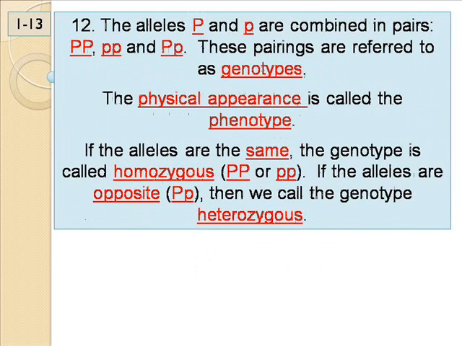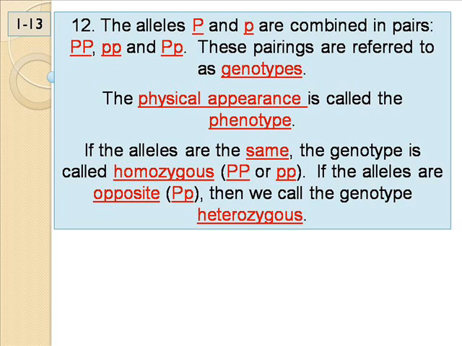Here's what we find out. The alleles P and p, big P, small p, always in pair. They can be this pair, or this pair. If you got at least one big P, guess what color you are? You're purple. Because P is boss.